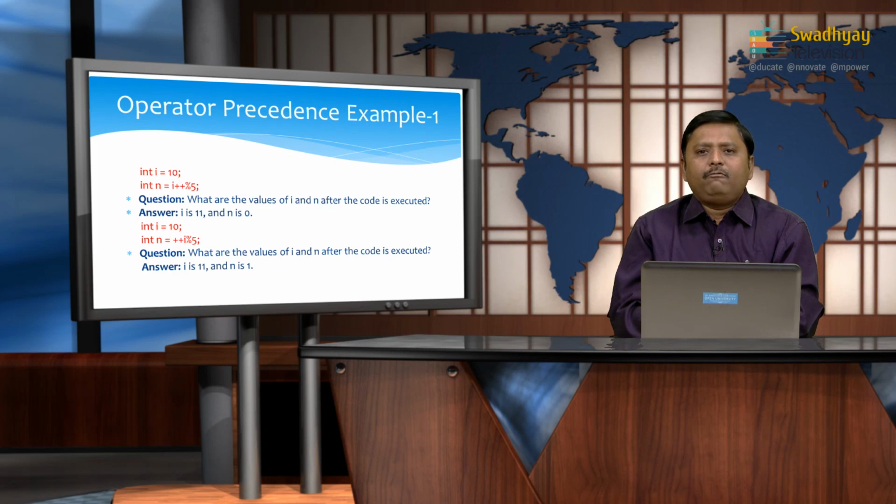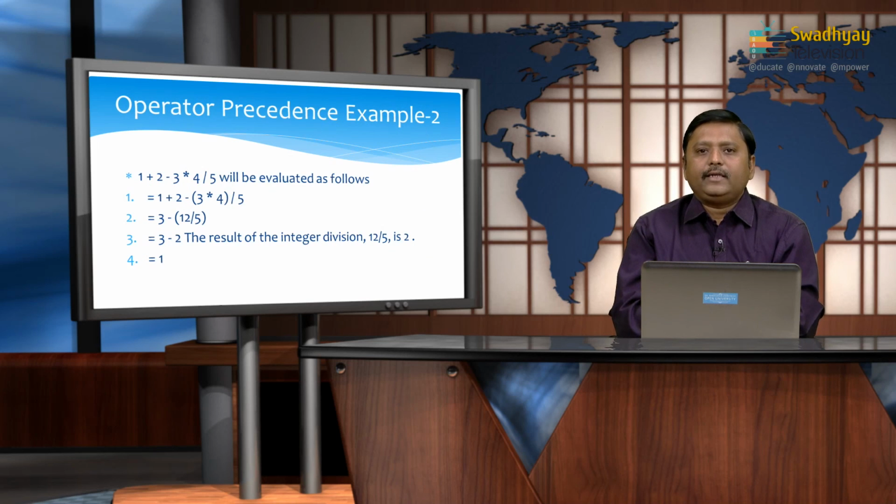Now, we take one more example where we use more than one operator with the same precedence. The previous example was clear because one operator obviously had higher precedence than the other, but what will happen if both operators have the same precedence? So, we take another example.